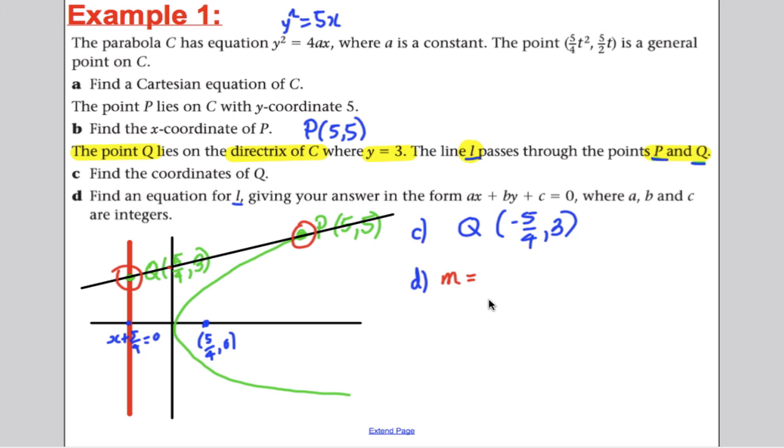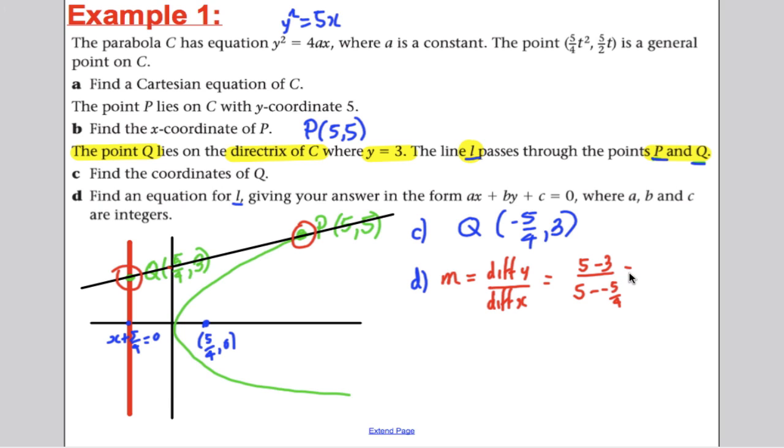The gradient of this line, you will remember, is the difference in y's divided by the difference in x's. So here, the difference in y's between P and Q is 5 subtract 3, divided by the difference in x's, which is 5 subtract, well, this is negative 5 over 4.